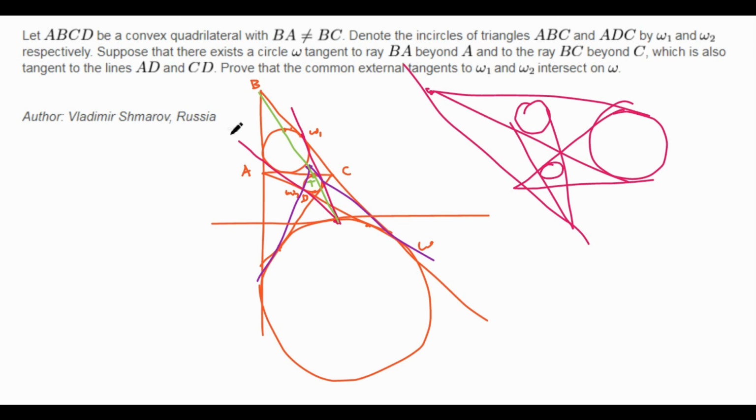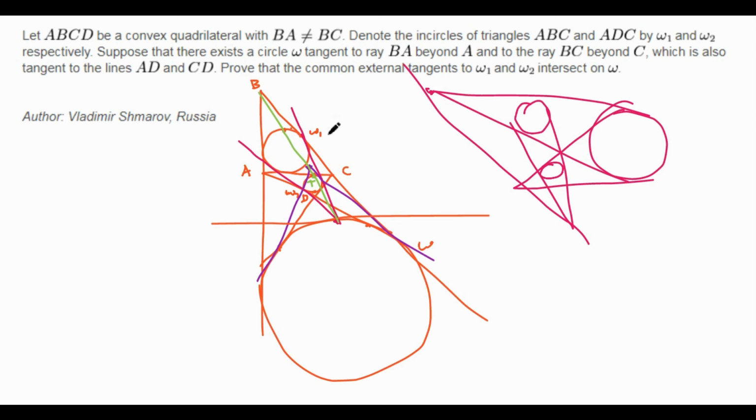So there's one more thing that we haven't used yet in this problem, and that's that AD and CD are tangent to omega. So we have the fact that these four lines, AB, BC, CD, and DA, are all tangent to omega. Well, that means that omega is kind of like an X circle to this quadrilateral.